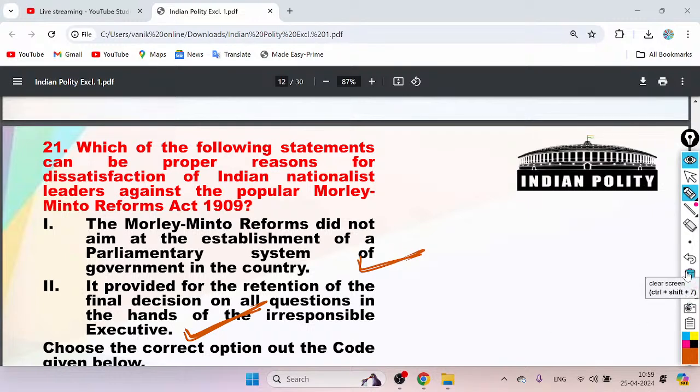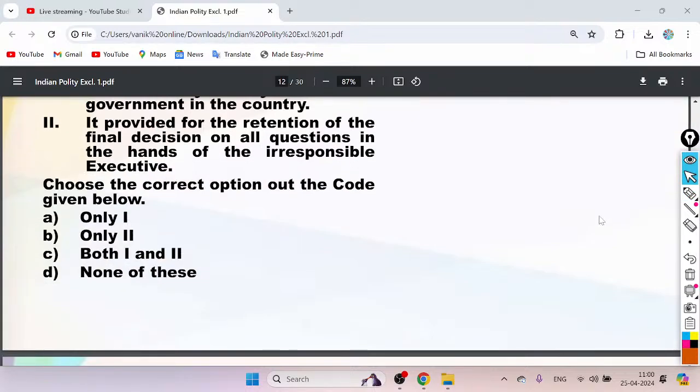The Indian leaders, especially moderates, were not satisfied, and the extremists called this act an anti-Indian act. But the moderates had certain reservations. They did not agree with the recommendations. So answer will be both of them, that is C.